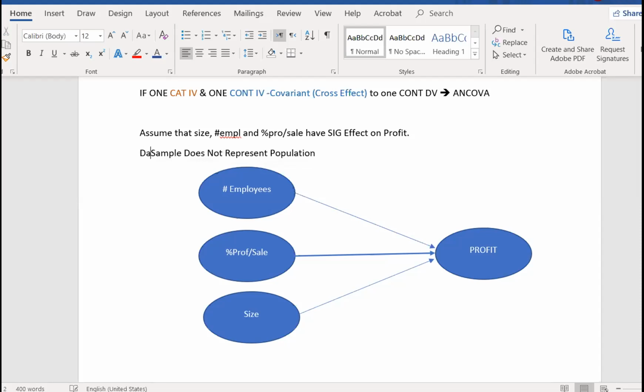So data is very important. Let me add it: data collection is very important. And what do we expect from data? That the sample represents the population. If that's happening, and all of the tests we run are correct and meet the conditions, then we can use this.